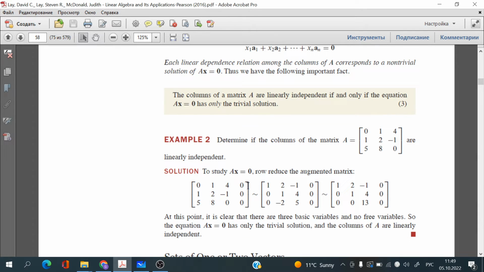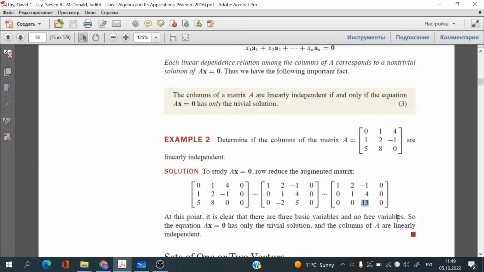About row reduction, you already know by this point, so we're going to jump straight to the solution. We get the augmented matrix in the form 1, 2, minus 1, 0; 0, 1, 4, 0; 0, 0, 13, 0. So at this point, it's clear that there are 3 basic variables and no free variables, correct?